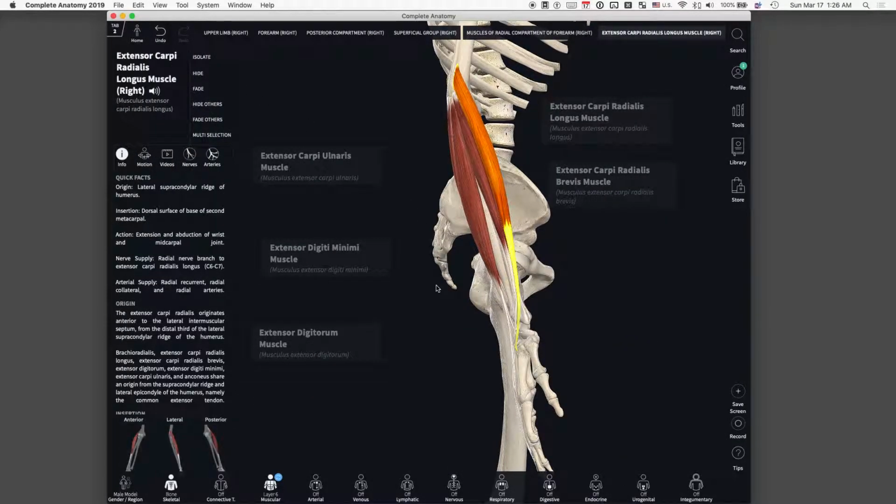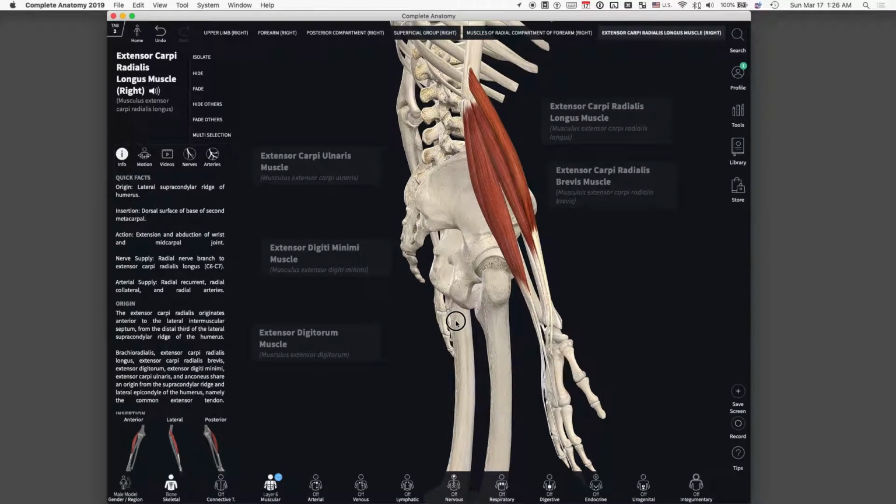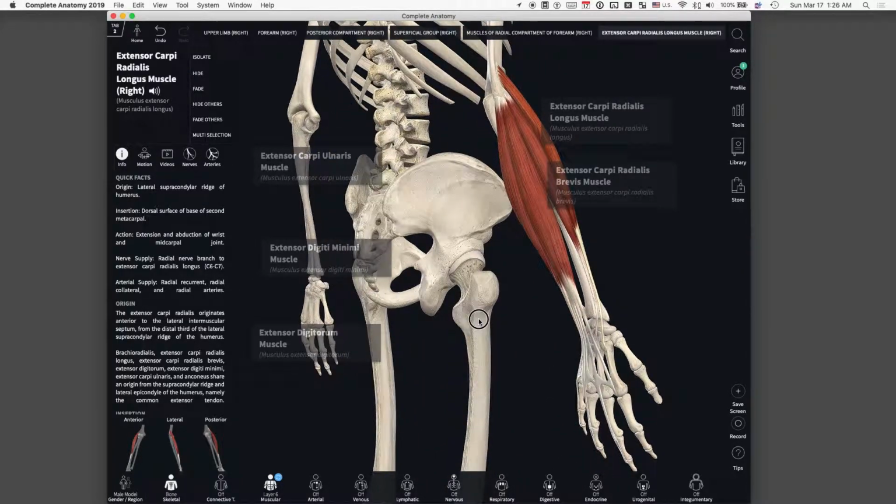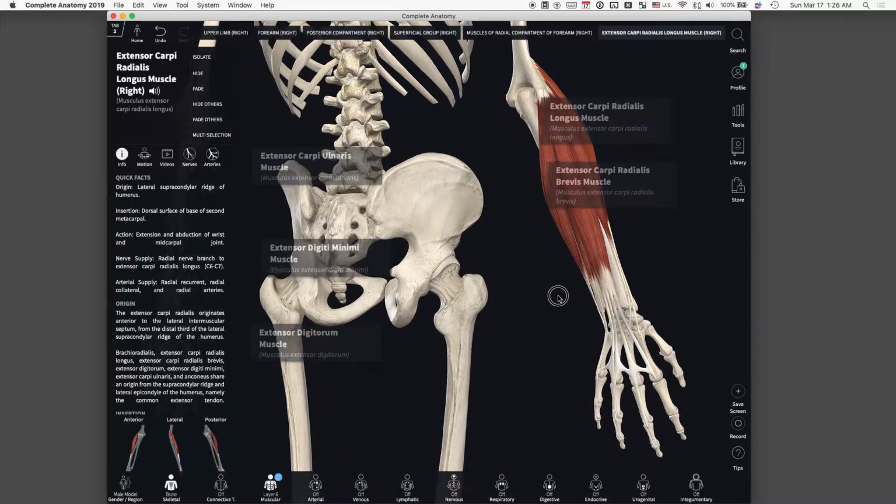Now I want to also mention the extensor carpi ulnaris because it's easier to memorize them by pairs. As opposed to the extensor carpi radialis longus, this extensor carpi ulnaris muscle is located on the ulnar side of your posterior forearm.